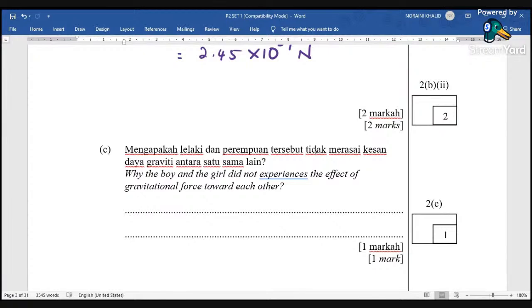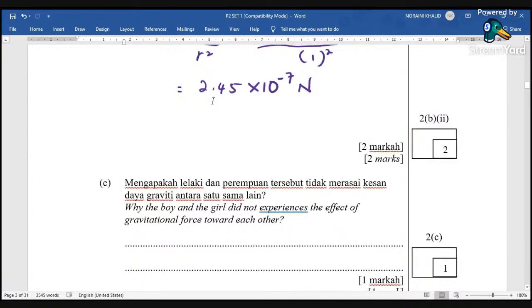Why the boy and the girl did not experience the effect of gravitational force toward each other? Because as you can see, the value was 2.45 times 10 to the power of negative 7. Means this value is very small.